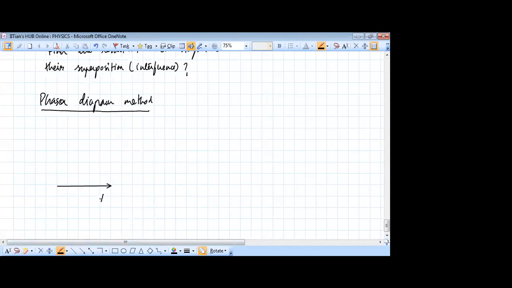Yes, Ninad, correct. The first one is this, then the second one in comparison is like this. The third one in comparison becomes something like this, let's say.